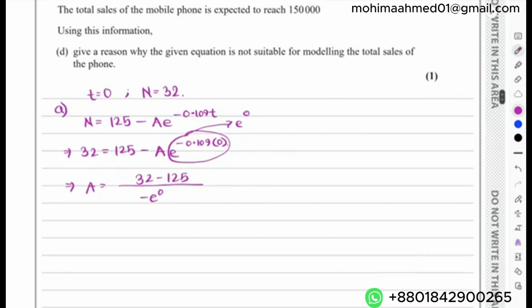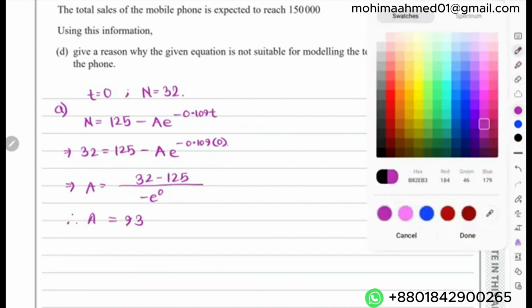If you make A the subject, it looks like this: 32 minus 125 over minus e power 0. This is the final format. So you get 93 over here. So the value for A is 93. I'll just erase this, it is not needed in your maths. So this is the value for your A.